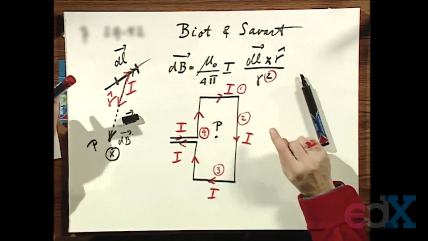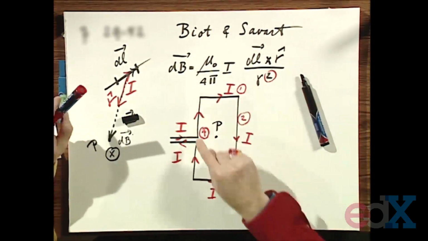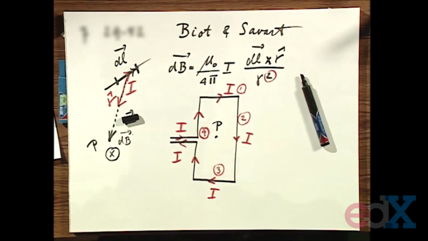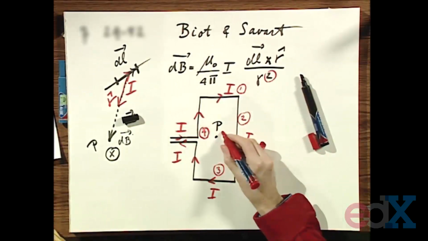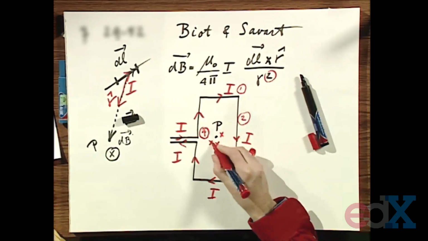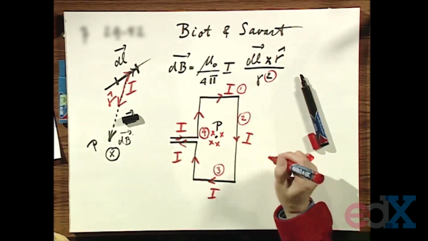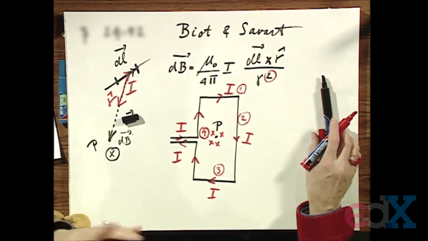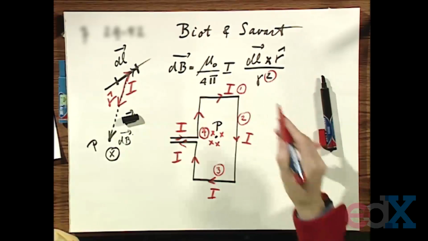You should be able to convince yourself that all these wires, 1, 2, 3, and 4, in all cases, contribute to a magnetic field that is pointing into the blackboard, in all 4 cases. So they support each other. Convince yourself of that. It's the logical consequence of this cross product.